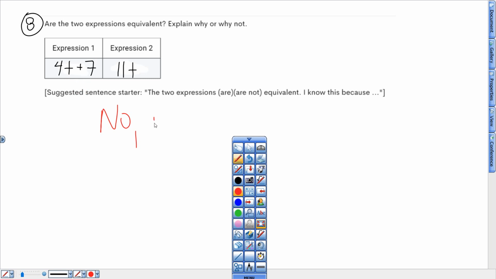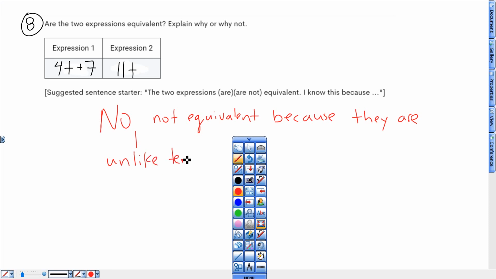No, not equivalent, because they are unlike terms, or one's missing the T. If I'd like you to be high tech about that, because they're missing, they are unlike terms. Write this in a complete sentence.